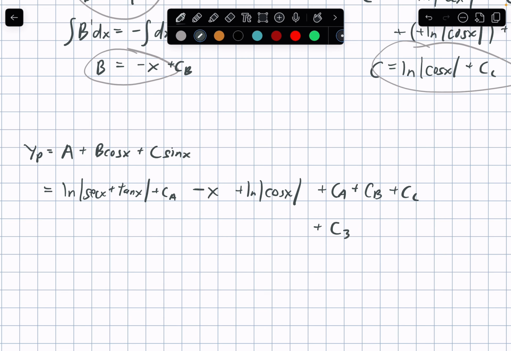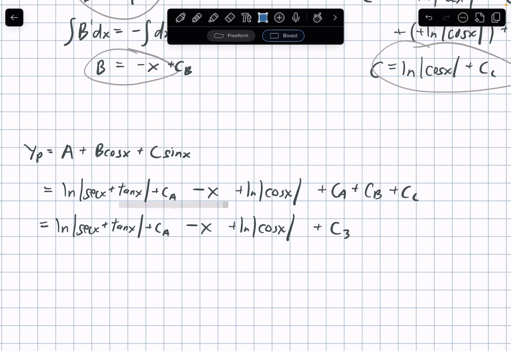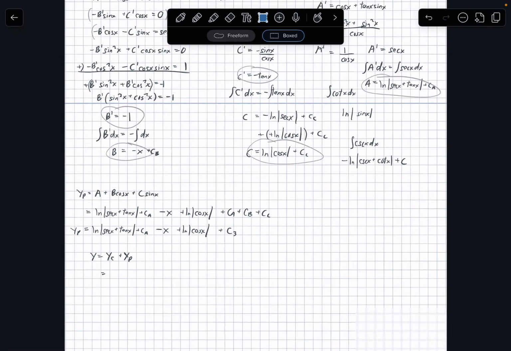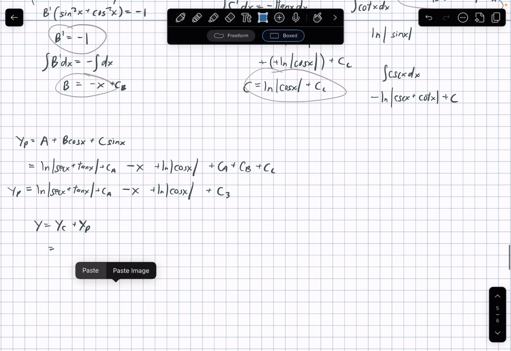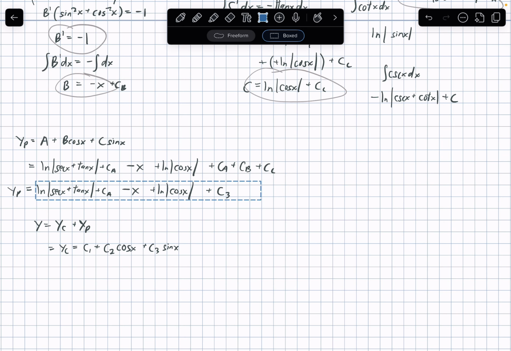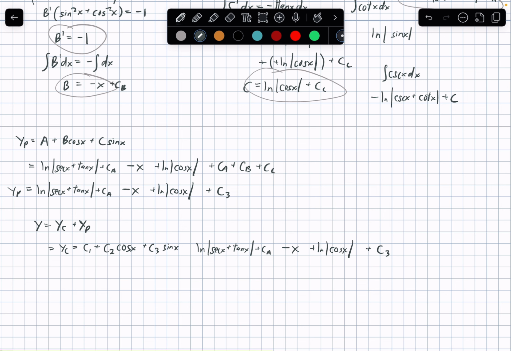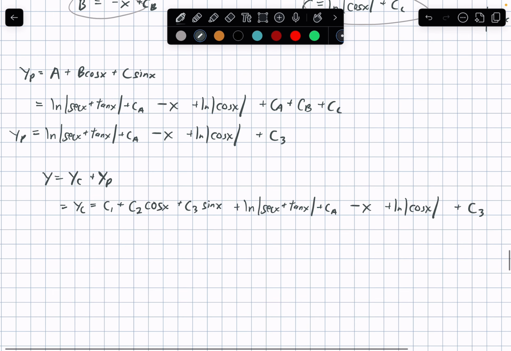This eventually becomes C sub 3. It's just any notation, it doesn't really matter. You can choose any notation for the constant of integration. Essentially, your y sub p is just this. Let's compile now: y sub c plus y sub p. What is our y sub c? This one. That's our y sub c, and our y sub p is this one. Okay, that is our particular solution.